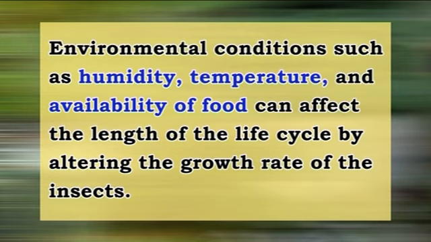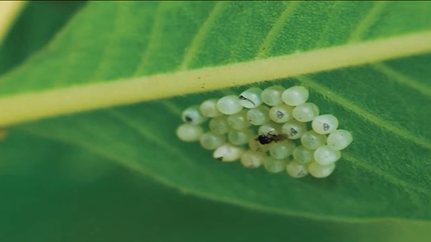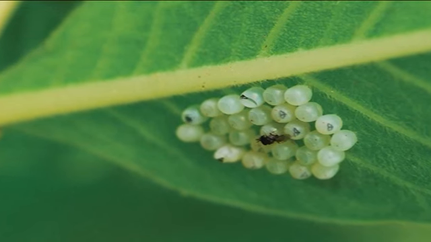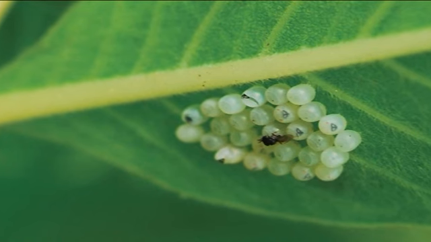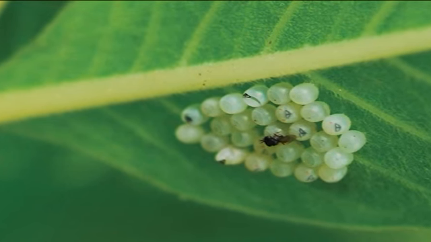Environmental conditions such as humidity, temperature, and availability of food can affect the length of the life cycle by altering the growth rate of the insects. A favorable environment can shorten the time of development from egg to adult.